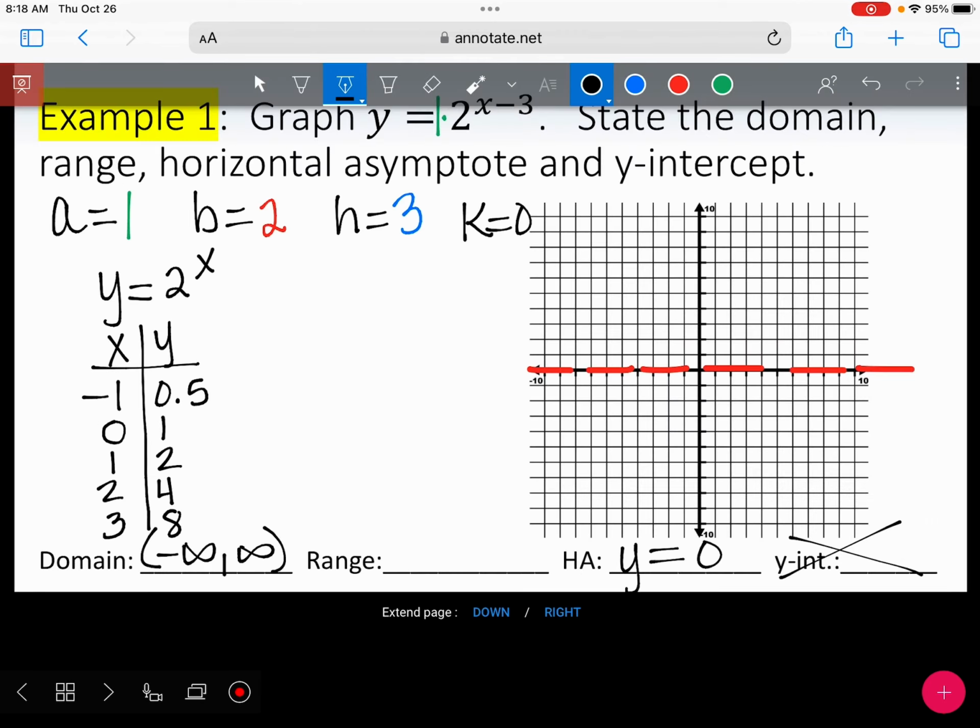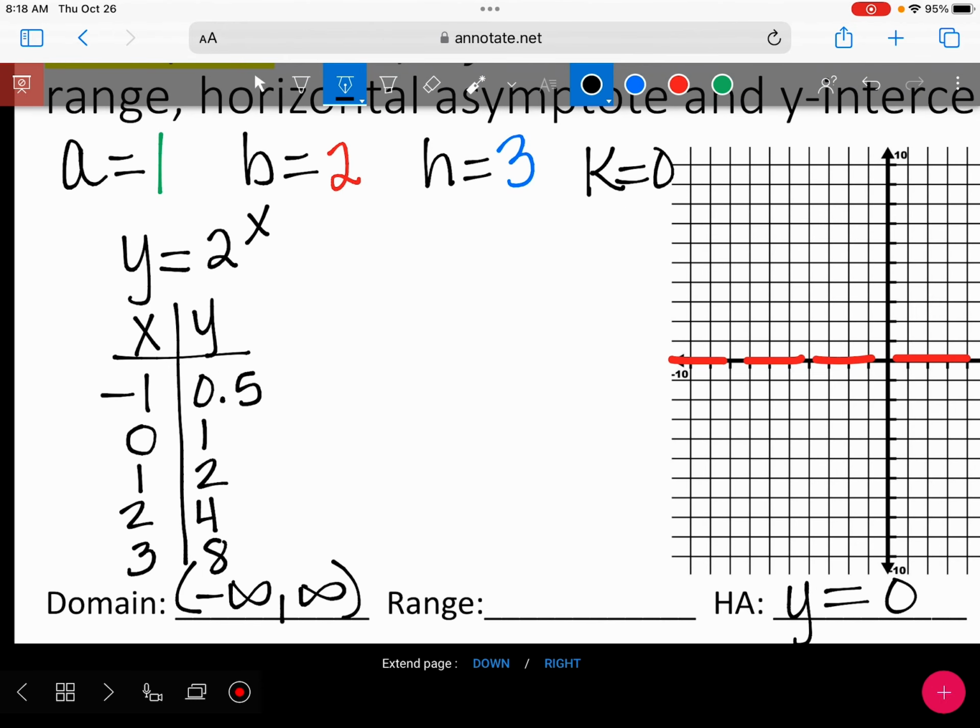All right, so now we're going to apply our transformations. When you apply your transformations, it's always h plus x, y times a plus k. Who remembers this from Algebra 2? Okay, so in this example, h is 3. So you're going to add 3 to these 5 numbers.